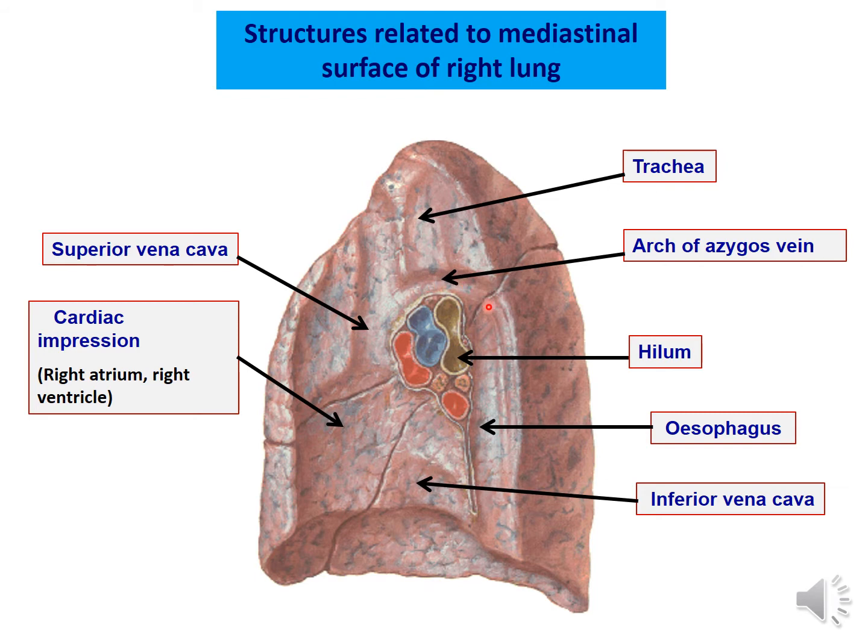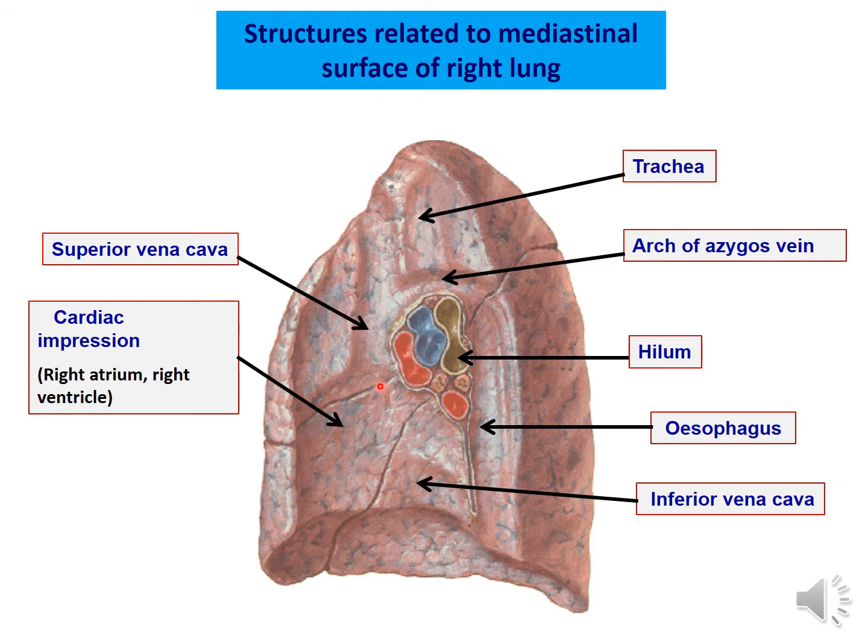So this is the place where the right lung is related to the arch of the azygous vein. Next, above the hilum and behind the trachea impression, you can see the impression of the esophagus. It extends from the apex till the level of the base. This whole impression behind the hilum and behind the trachea is the impression for the esophagus.